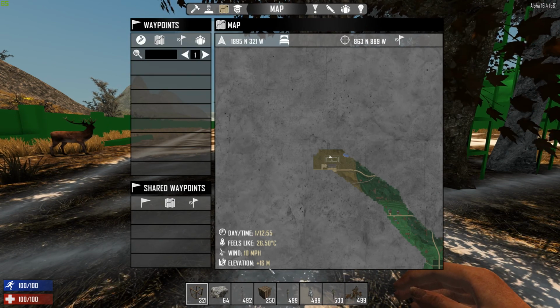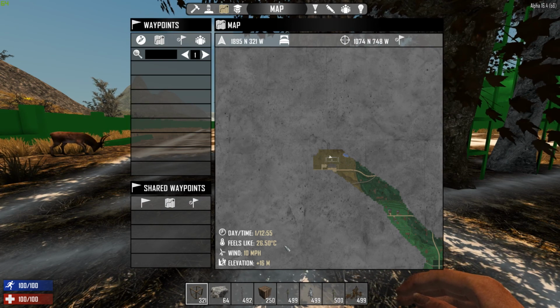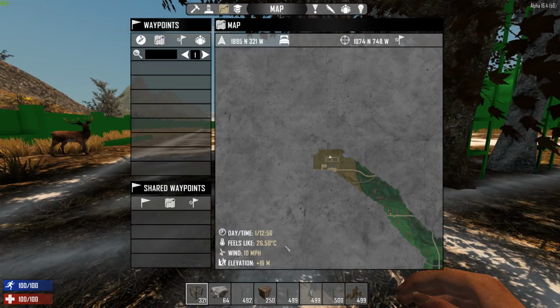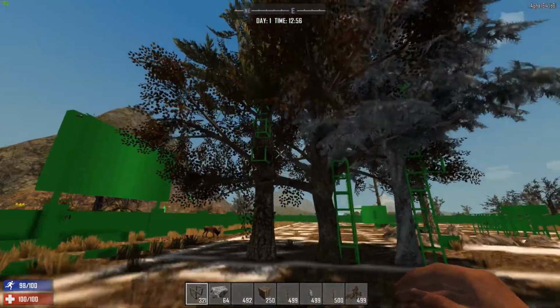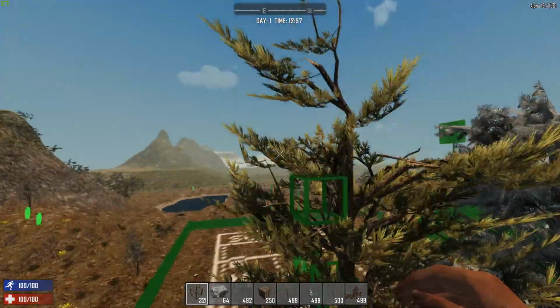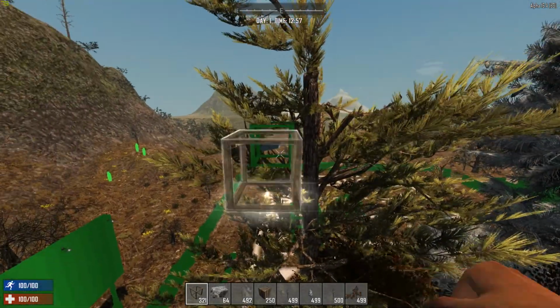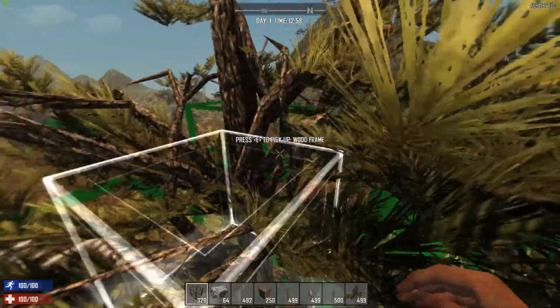So 43 minus 16, that's 27. So with the pine tree, I can start a tree house at 27 meters high, which is pretty impressive.